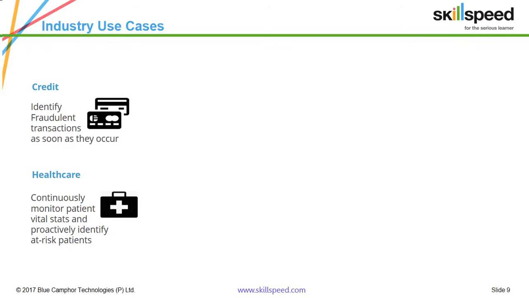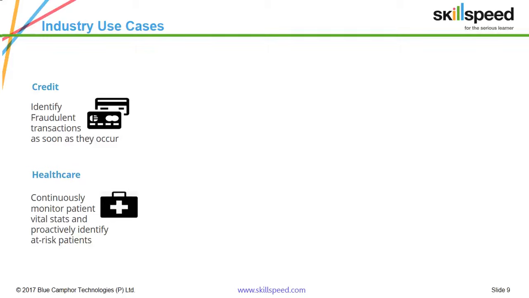So many hospitals are using Spark Streaming these days to continuously monitor the patient vital statistics and to make decisions accordingly. The sensor data from patients, such as heartbeats and blood pressure, will be continuously read and fed into a Spark Streaming application.